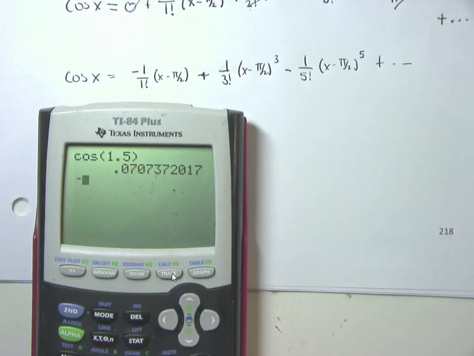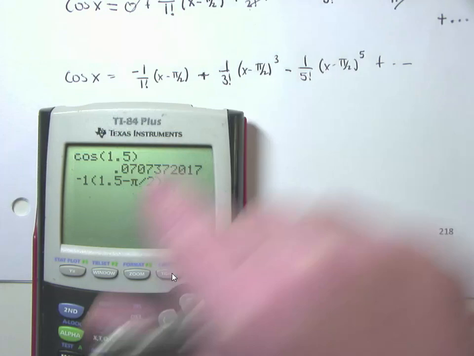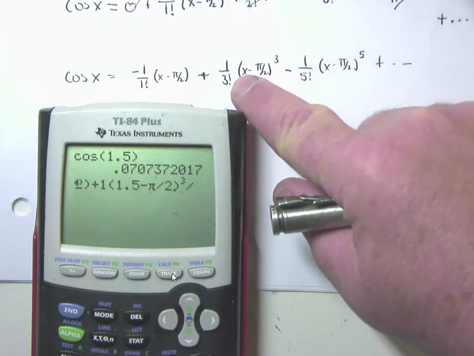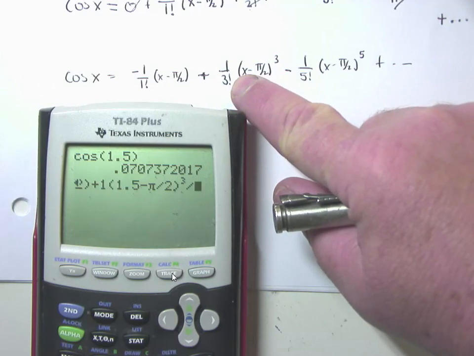This will be negative 1 times 1.5 minus pi divided by 2, right? Divided by 1 factorial. 1 factorial is 1. Plus 1 times 1.5 minus pi halves cubed divided by 3 factorial. Let's calculate. 3 factorial is 3 times 2 times 1, which is 6.